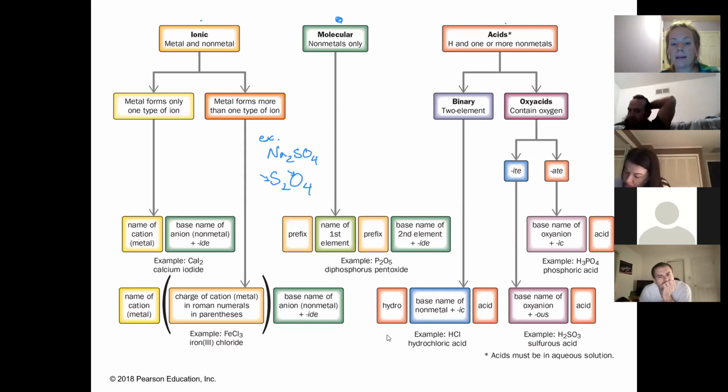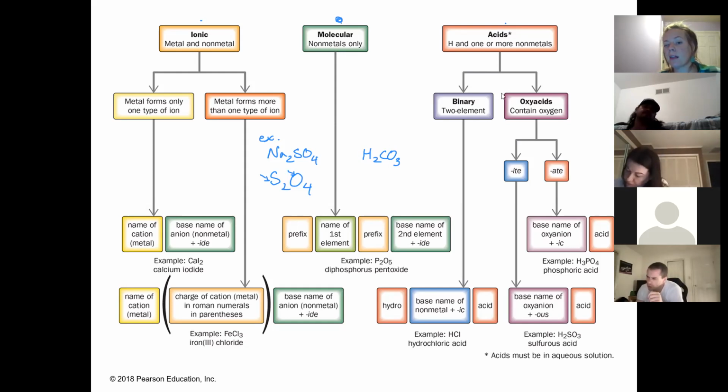Last case scenario, I gave you something like this, H2CO3. You're going to want to go, is this ionic? No. Is it molecular? No. This thing is an acid, because we see that hydrogen written first. So now I need to say, is it binary or is it an oxyacid?